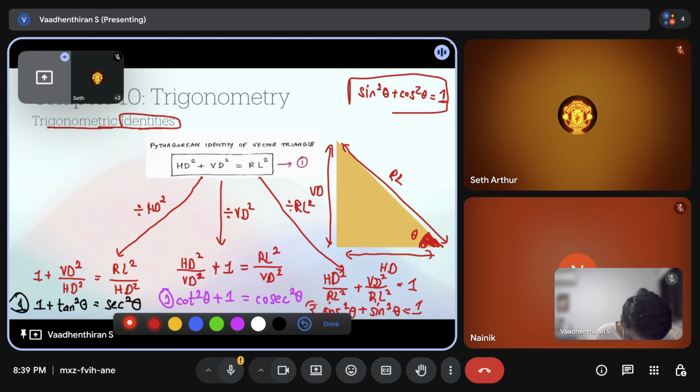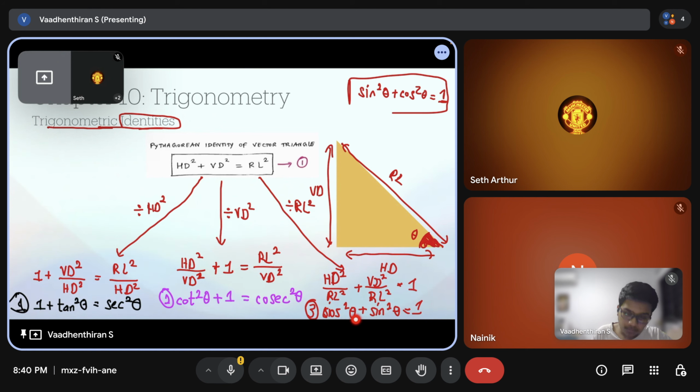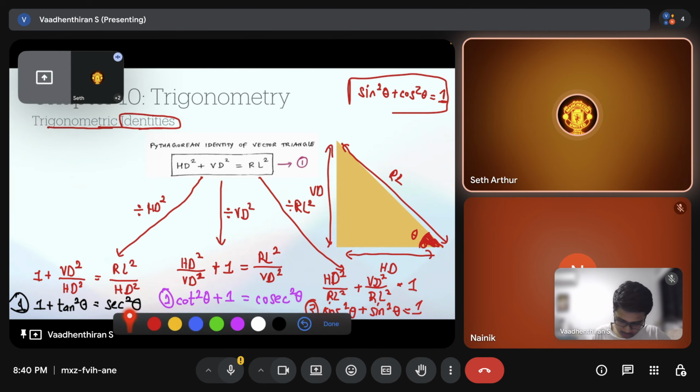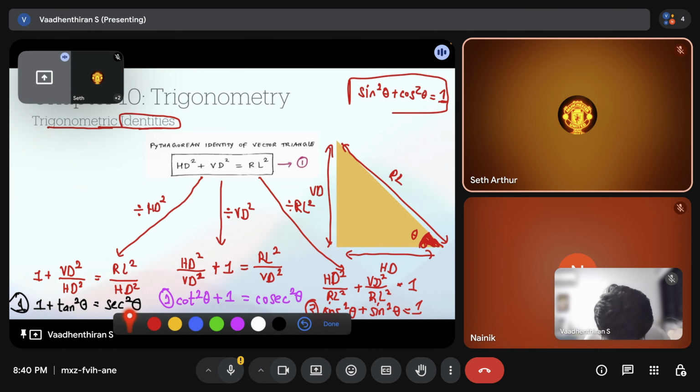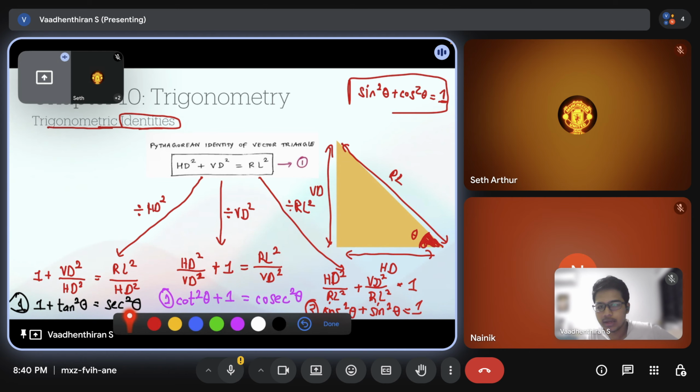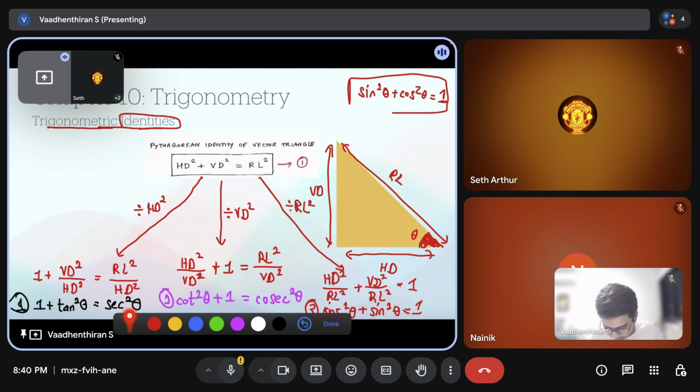This is the third identity. Got it? These are the three main identities you will be learning for IGCSE. You can make a lot of forms from these by manipulating both sides, but those are not needed for now.